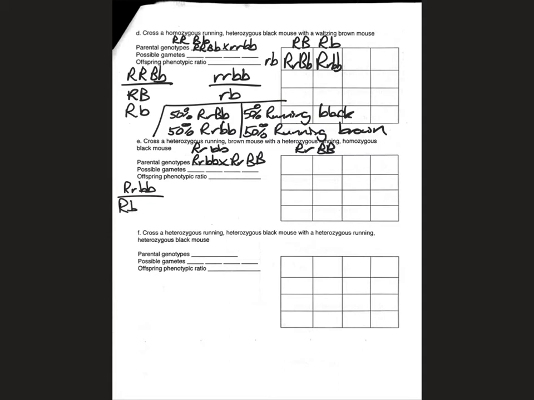Big R, little b, or little r, little b. The possible gametes for this parent are what? Big R, big B, little r, big B. So you have 2 different ones that are possible here. So there's 4 possible zygotes.